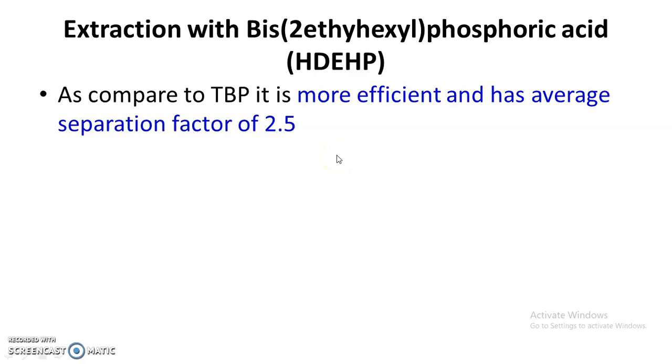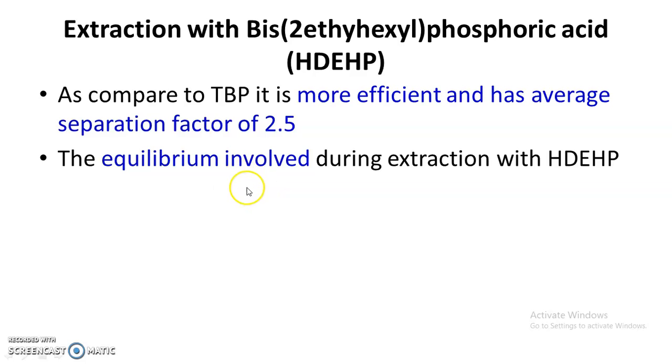For tributyl phosphate, the separation factor is approximately 1.5. No doubt tributyl phosphate is efficient, but bis 2-ethyl hexyl phosphoric acid has a separation factor of 2.5, and therefore it is more efficient.